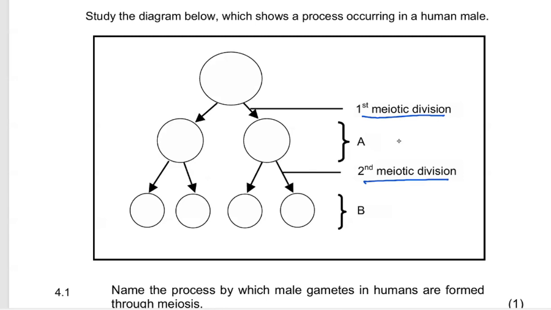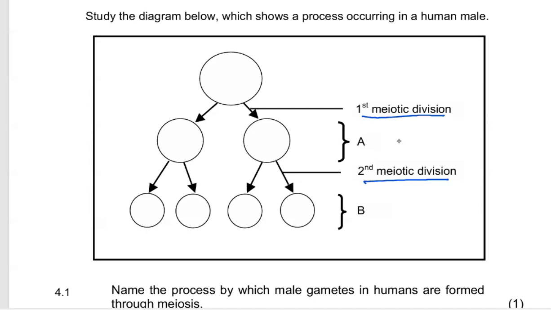Remember, before, meiosis was being brought in paper 1 and paper 2. But now we only bring it in paper 2. But it does not stop us from discussing such questions because they can modify them and still bring them, just for you to understand.